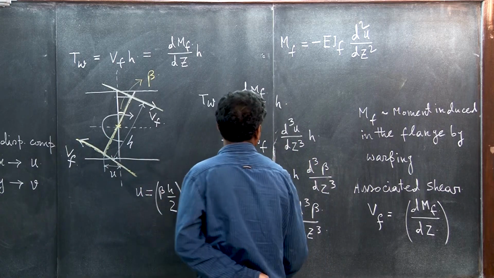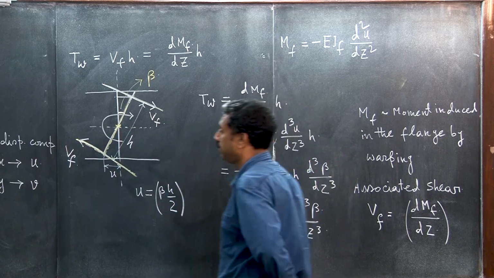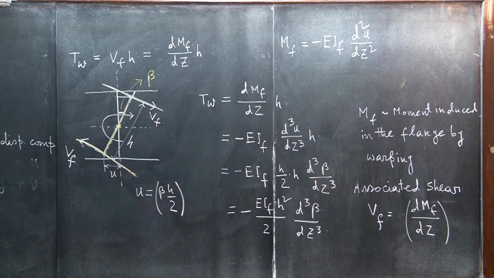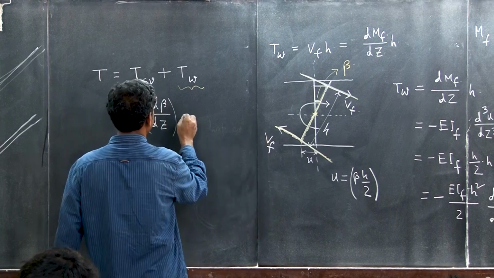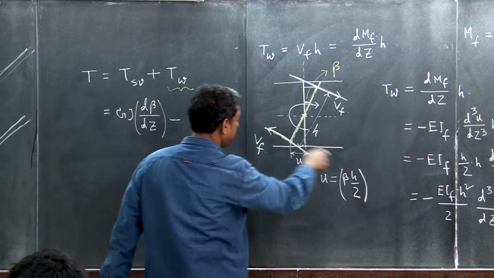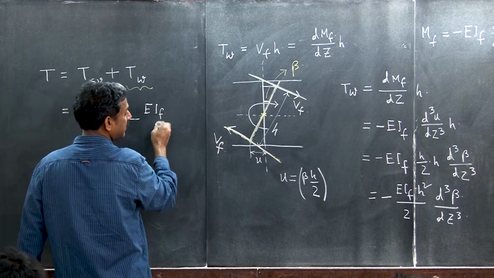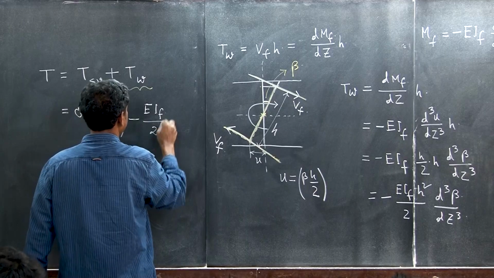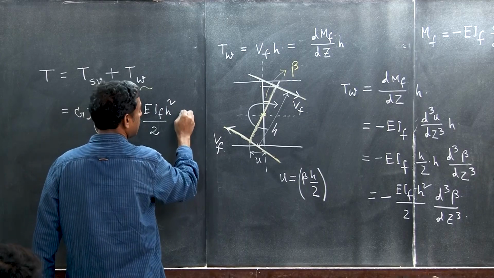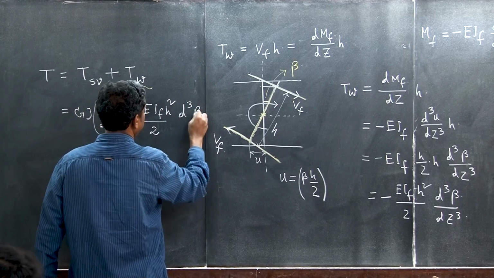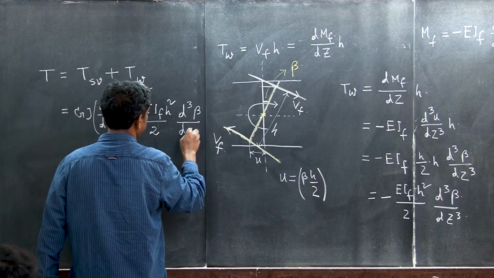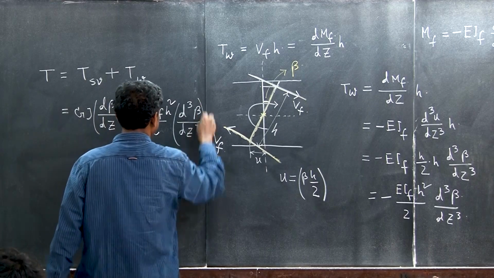So what I will write now, please see here, I will bring it once again. T_W is nothing but minus E I_F h²/2 d³beta/dz³, clear.